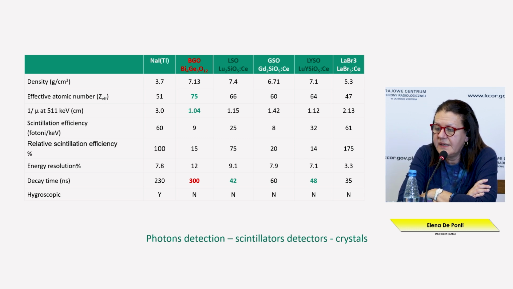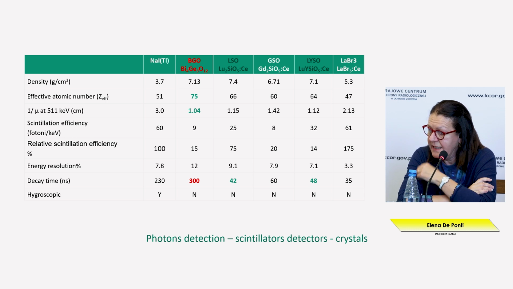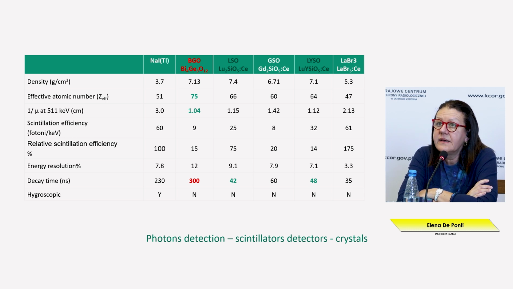That means that it's very efficient in the interaction of the high energy photons, but on the other hand it has a very long decay time that makes it unable to be used for correction for the decay time.